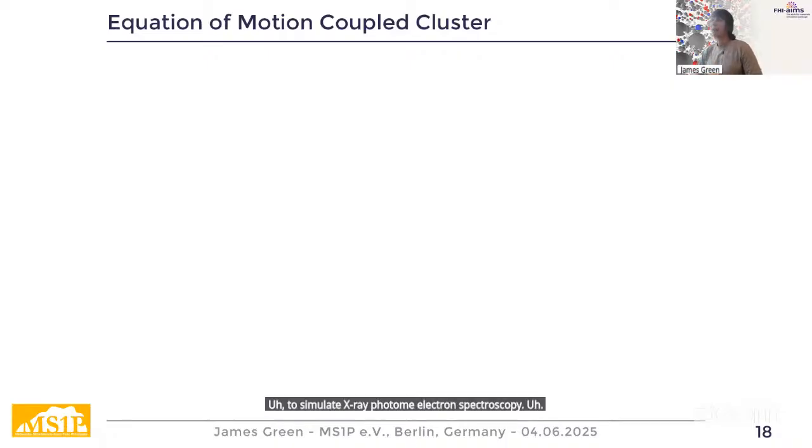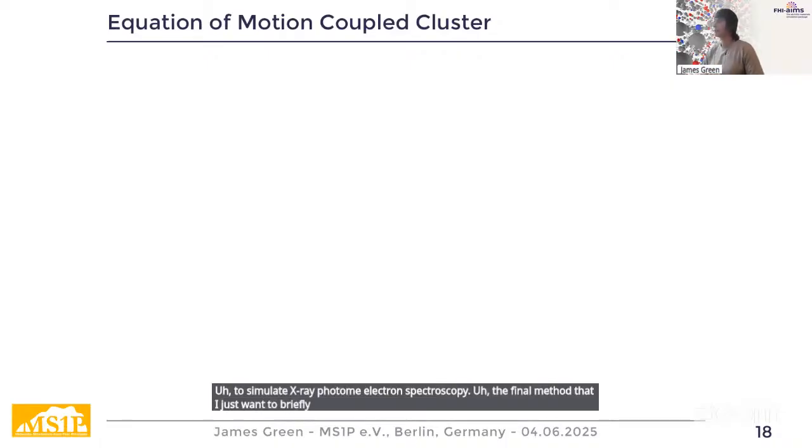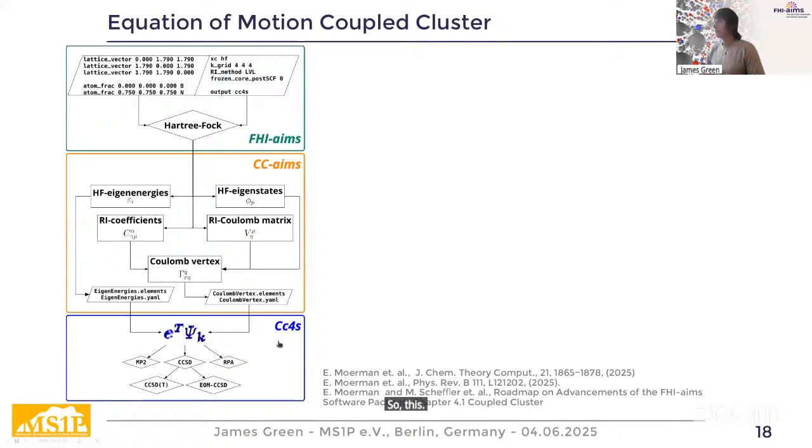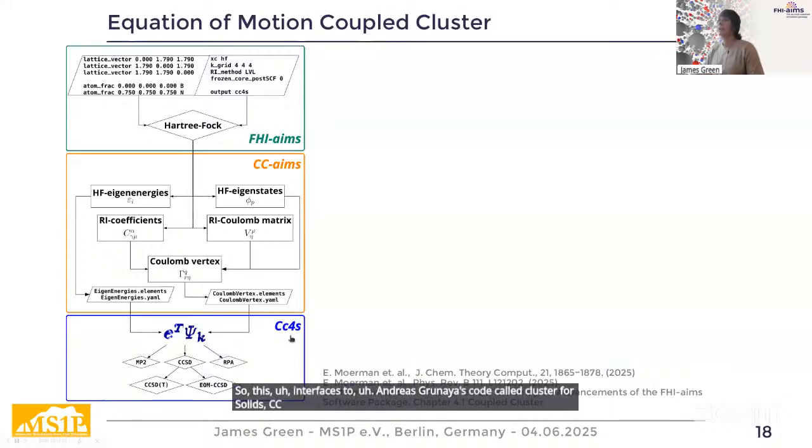The final method that I just want to briefly mention is the equation of motion coupled cluster. This interfaces to Andreas Grüneis's code, coupled cluster for solids, CC4S, via an interface CC-aims.